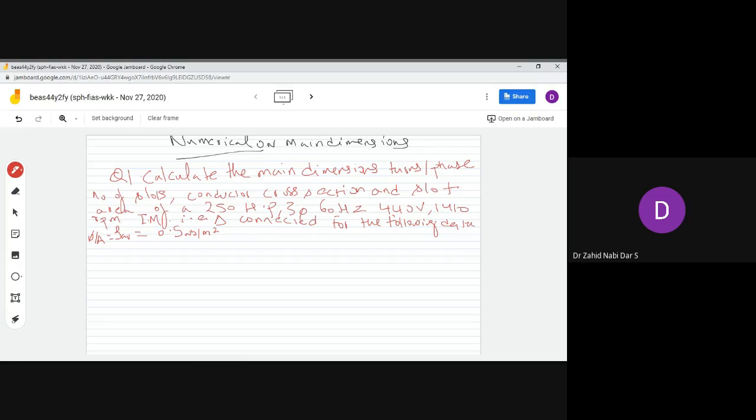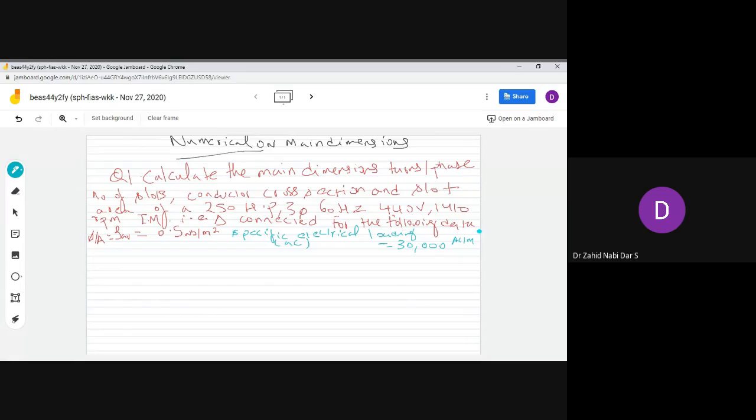And the specific electrical loading, that is ampere conductors, is equal to 30,000 ampere conductors per meter.